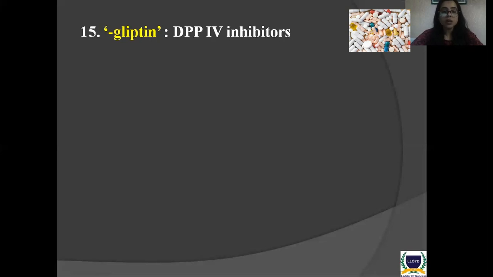Our 15th suffix is gliptin. Gliptin is a suffix categorized under the DPP type 4 inhibitors. DPP is dipeptidyl peptidase 4. So drugs like sitagliptin and saxagliptin indicate these are DPP type 4 inhibitors.